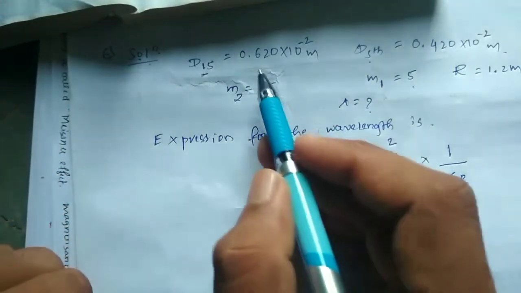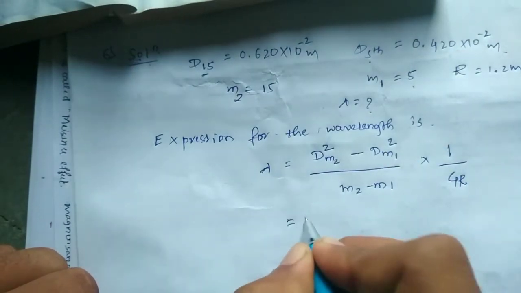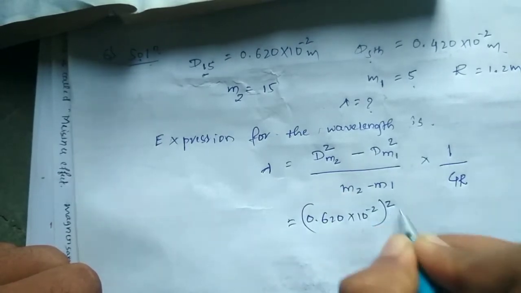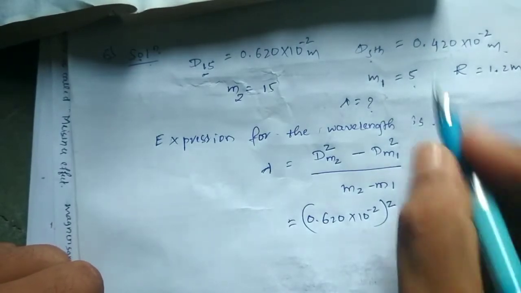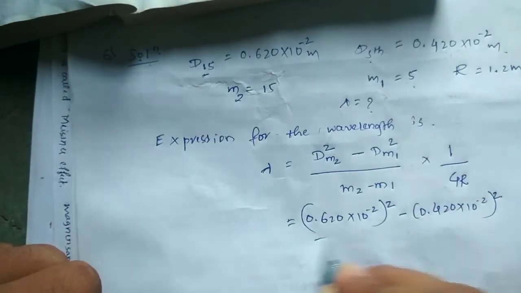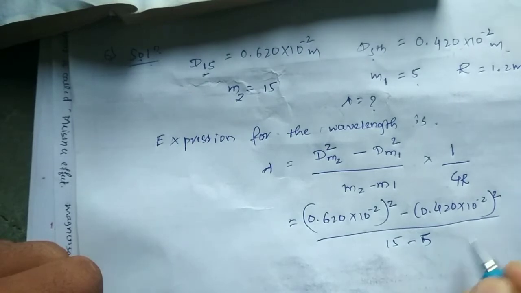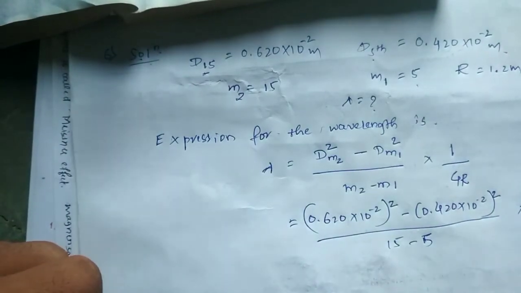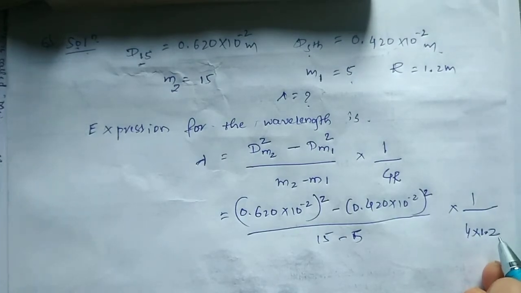Here we have D_m2 and D_m1: (0.620 × 10^-2) squared minus (0.420 × 10^-2) squared, for the first and second ring, divided by m2 minus m1, where m2 is 15 and m1 is 5, into 1 divided by 4R, where R is 1.2, so 1 divided by 4 × 1.2.